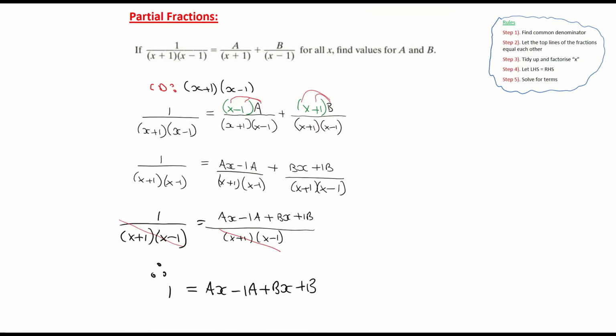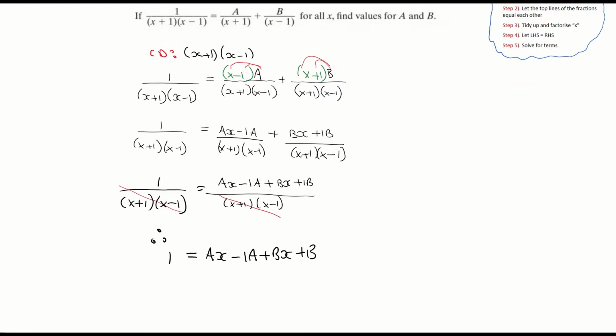I'm just going to rearrange it. So I'm going to put the x's first, followed by my constant. So that is 1 is equal to ax plus bx minus 1a plus 1b. And I'm now going to just factorize out this x.